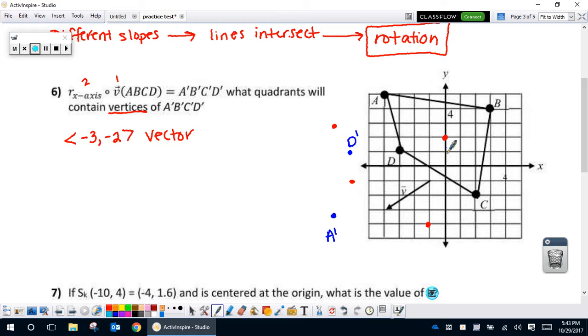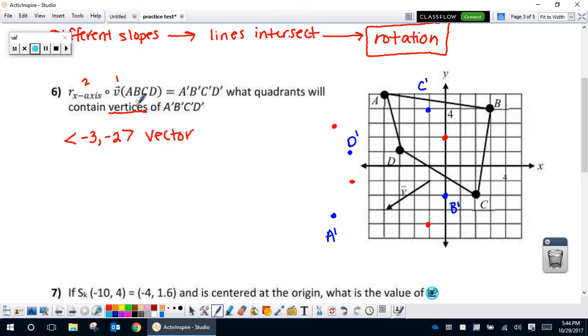This was B. B would be right here. It's on an axis. And then C would come up here. Now, I'm not connecting because we're only concerned with the vertices.